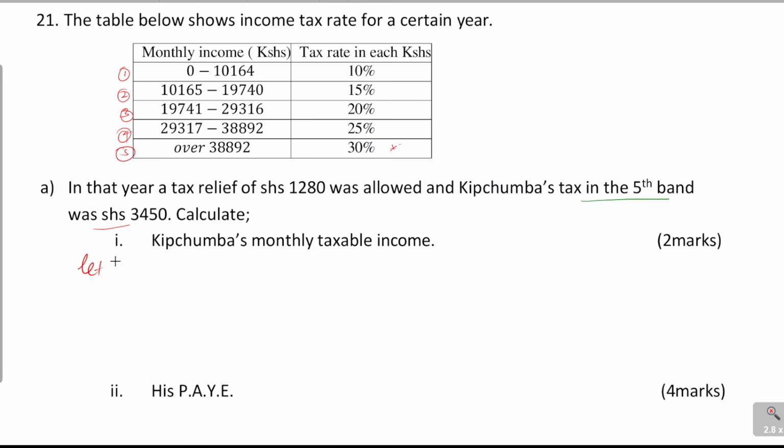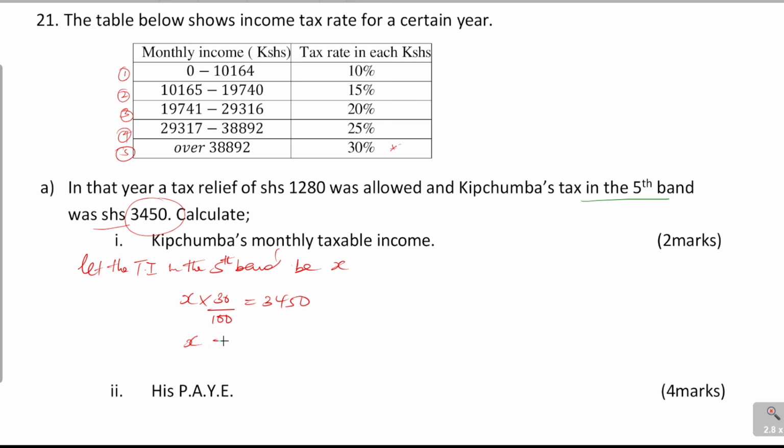We shall let the taxable income, TI, in the fifth band be X. So when we tax this X amount at the rate of 30%, that is X multiplied by 30%, that should give the tax of 3450.